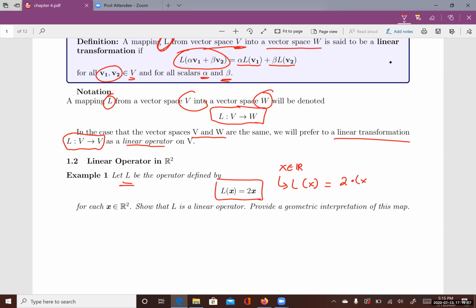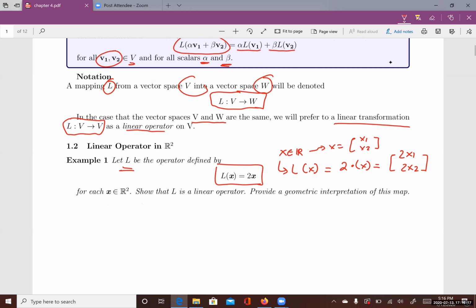So if x is x1 and x2, then when you apply L onto this x, you will have 2 times x, which means you will have 2x1 and 2x2. Okay. So that's what this map does.